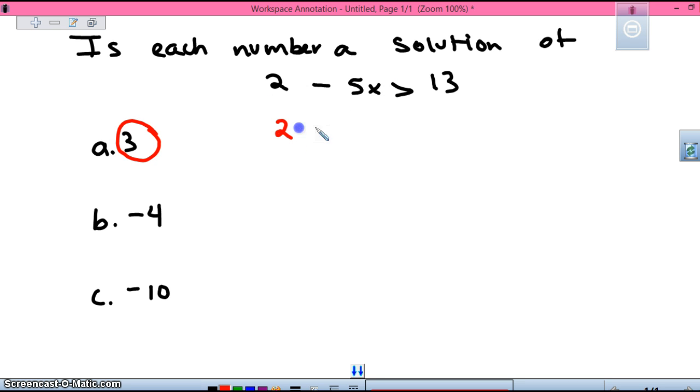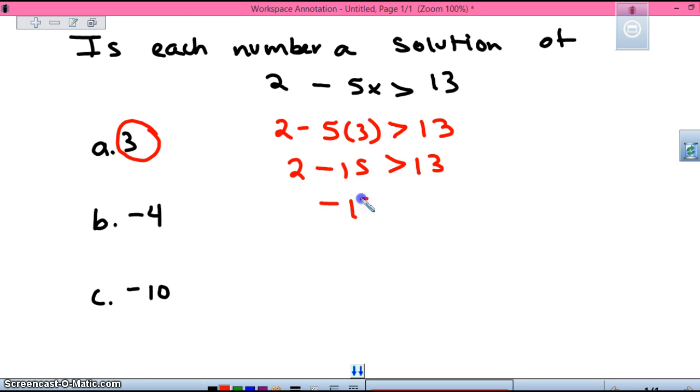That means 2 minus 5 times 3 is greater than 13. 2 minus 15 is greater than 13. That means -13 is greater than 13. Is this true? No. This means that the number 3 does not make the inequality true, therefore it is not a solution.